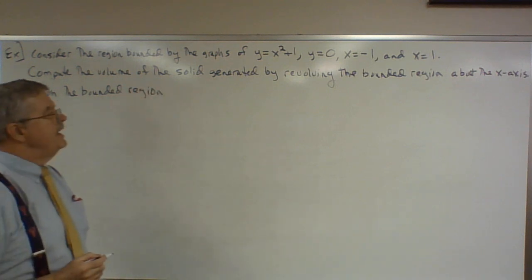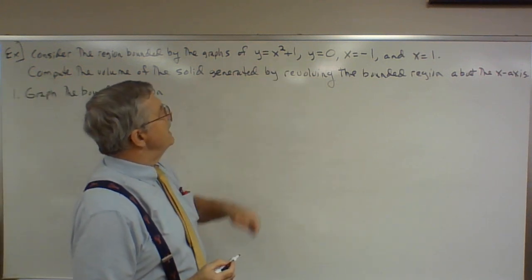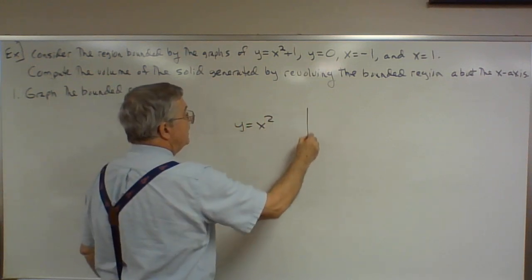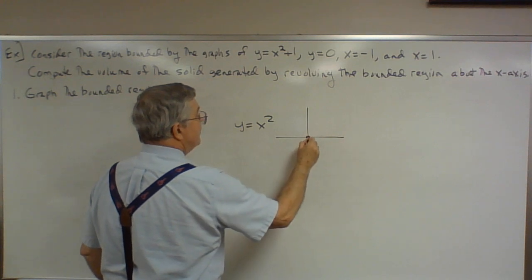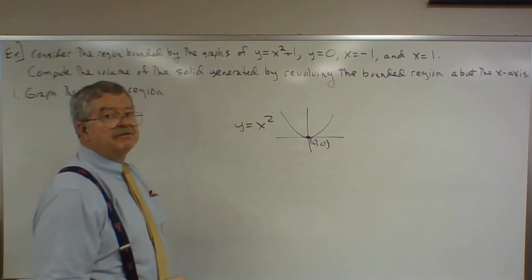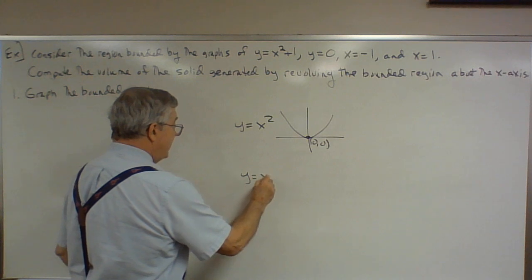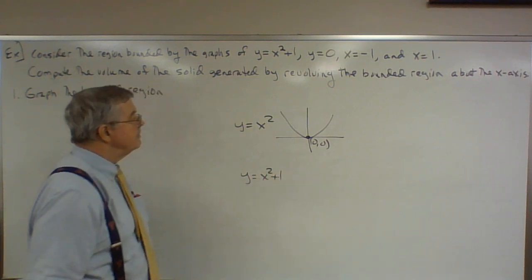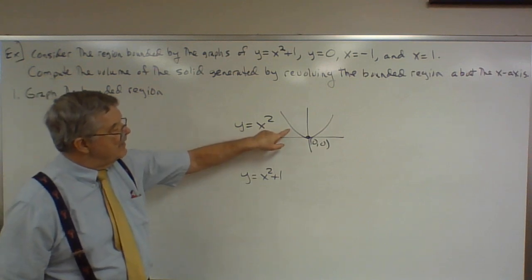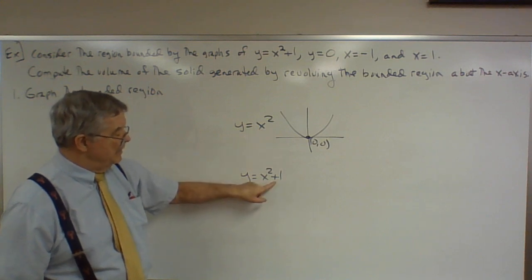Now, the only thing that we have to think about at all really is this thing. Y equals x squared plus 1. Y equals x squared is a parabola that sits on the x-axis, goes through the point 0, 0. To get y equals x squared plus 1, we take the y coordinate of every point on this graph, which is x squared, and we add 1 to it.